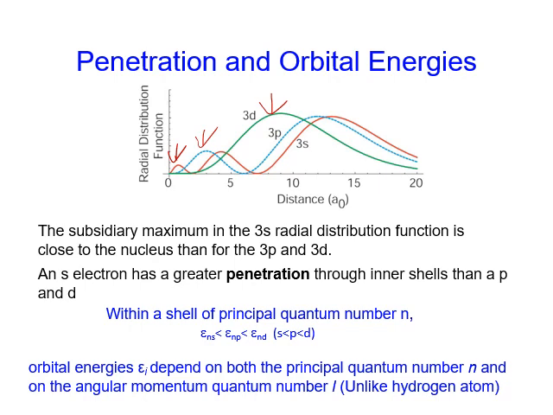The consequence of this is that the electrons in these orbitals have different energies. Within a shell of principal quantum number n, the s orbital has lower energy than the p orbital, which is lower than the d orbital. This is in contrast to the hydrogen atom, where all these orbitals have the same energy.